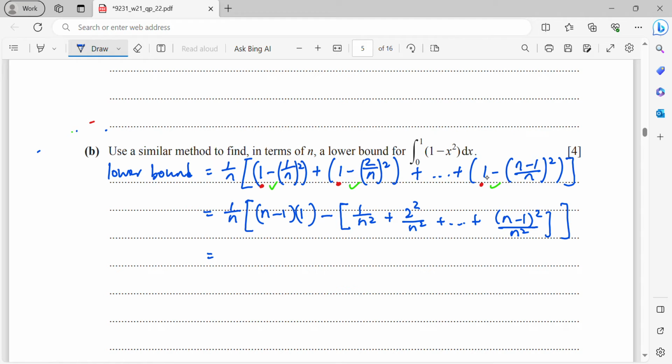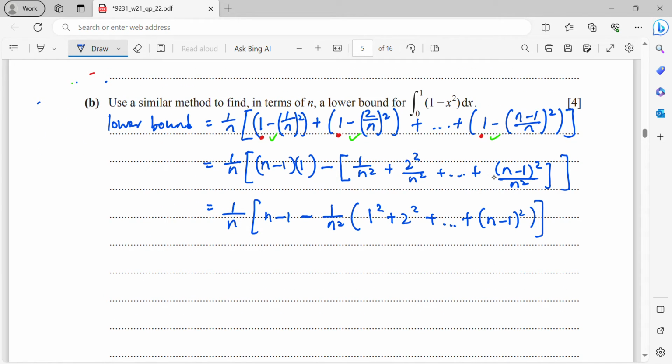Similar to just now, we need to factorize the denominator. So I will factorize n squared. Therefore, you'll be getting 1 squared plus 2 squared plus until n minus 1 squared, and use the same formula. This is basically 1 over n times n minus 1 minus 1 over n squared.